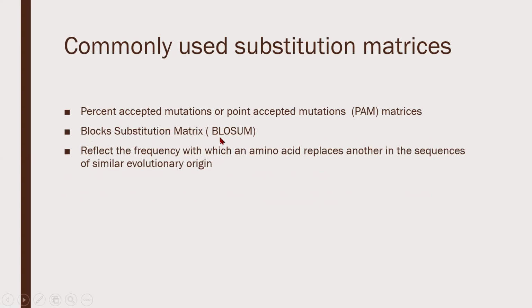From blocks, the first three letters BLO, from substitution SU, and M from matrix were taken to come up with the abbreviation BLOSUM. Whether it is PAM or BLOSUM, these two substitution matrices reflect the frequency with which one amino acid replaces another amino acid in sequences of similar evolutionary origin.